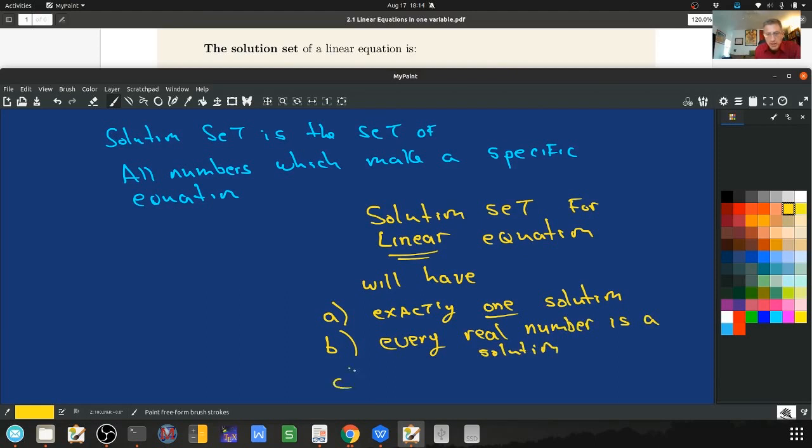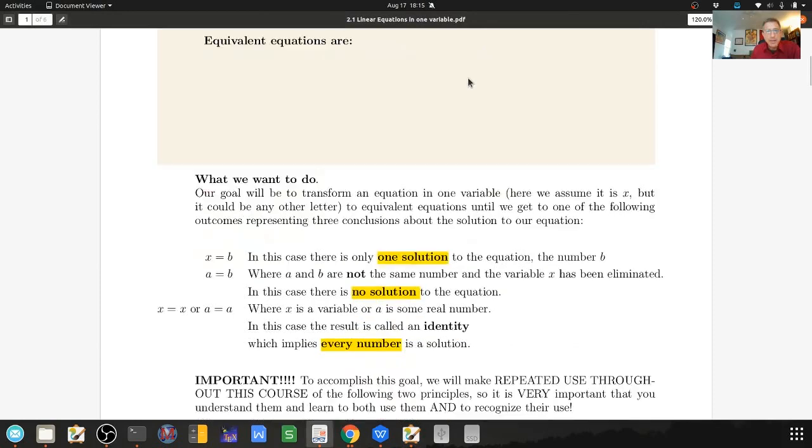Or C, no number at all is a solution. In that case, we say that the solution set is empty. And equivalent equations.